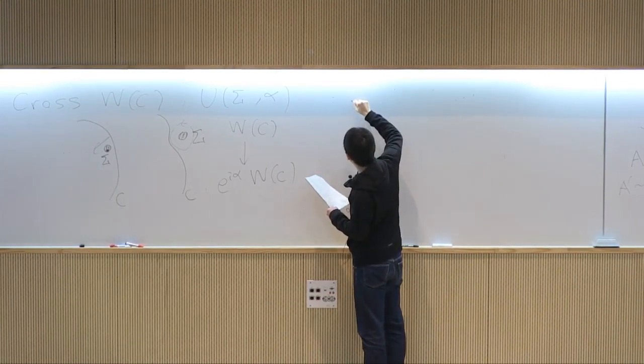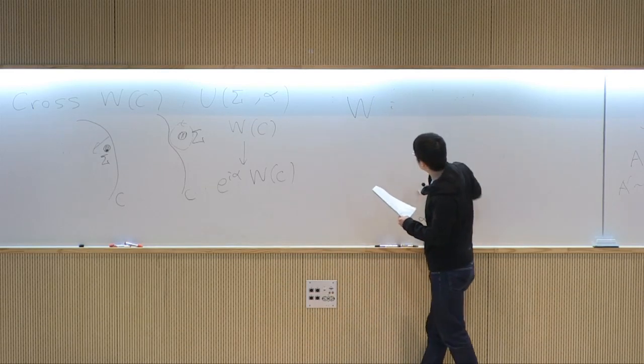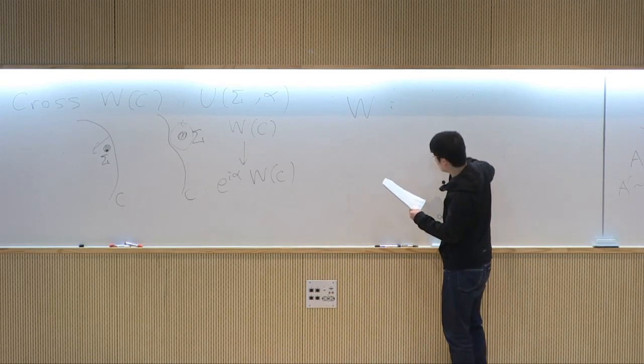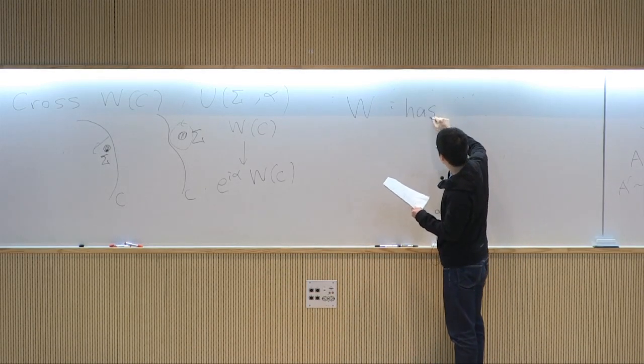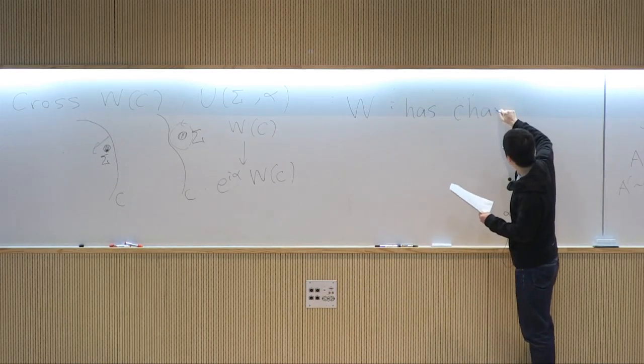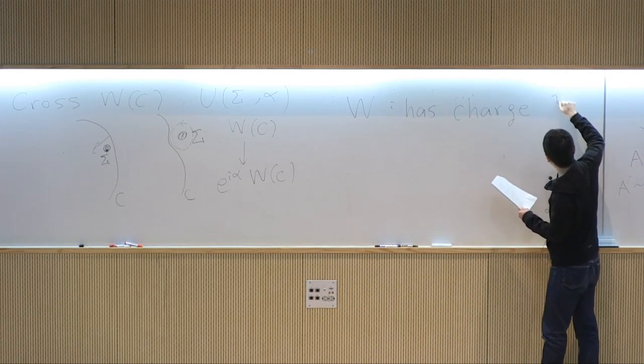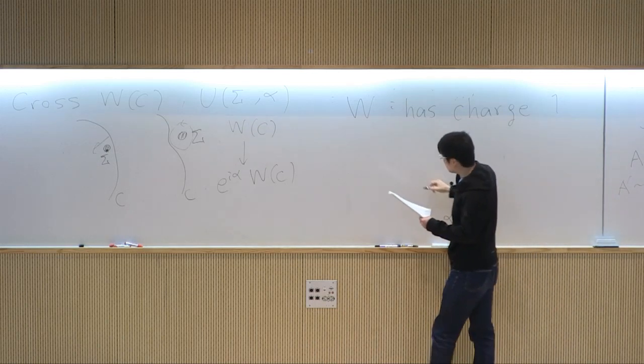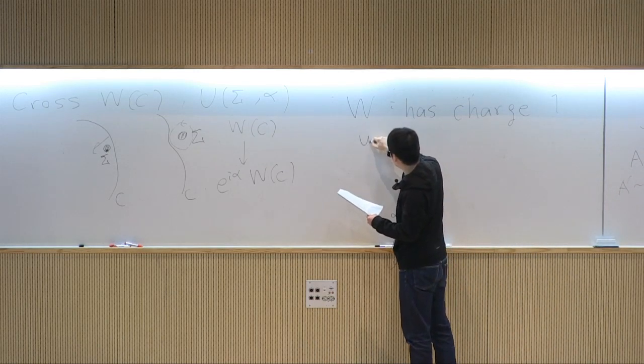Let me write it explicitly. This Wilson loop operator has charge 1 under the electric symmetry.